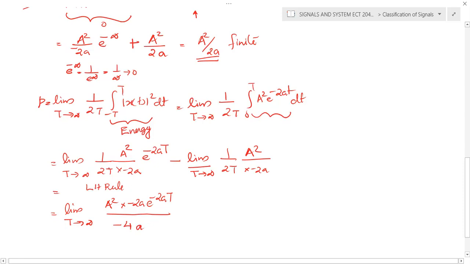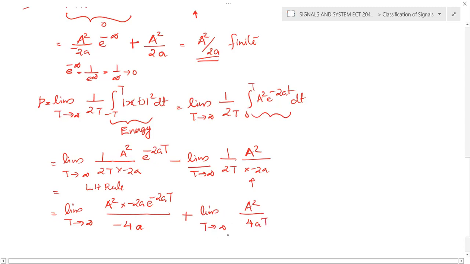We take the differentiation of the numerator and denominator, and the next portion already has a minus, so minus into minus is plus, limit T tending to infinity, a square by 4a.